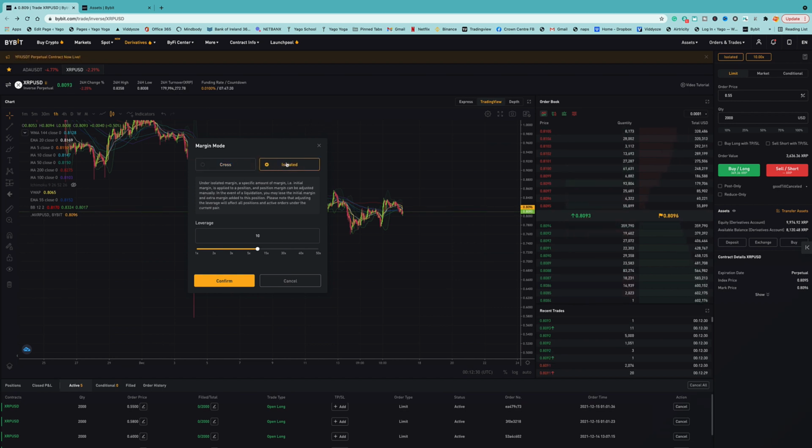So always isolate it, so you're only risking the money that you're putting in that trade. And then your X's here, again, I generally use 10x, and most people when they're trading are generally trading between 5 and 10, or even between 5 and 7.